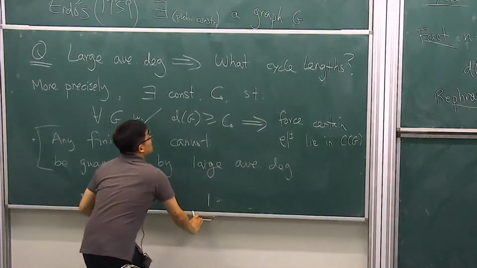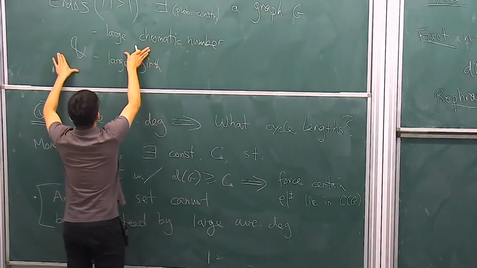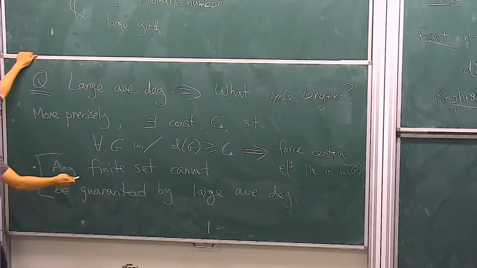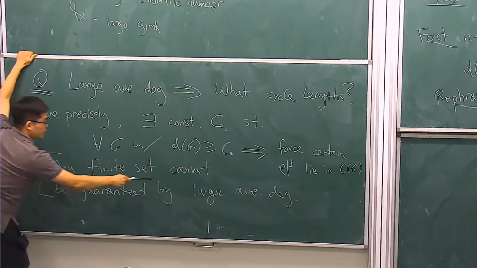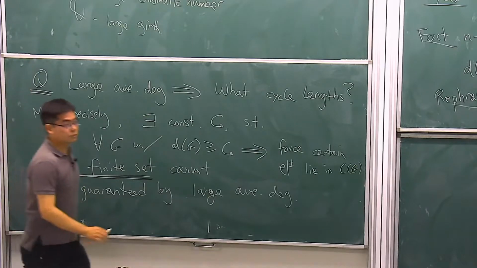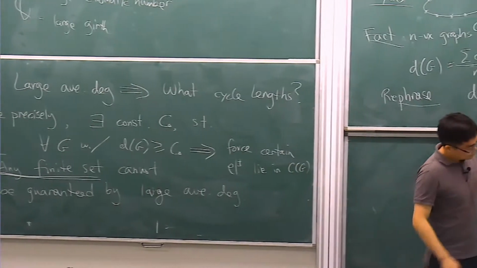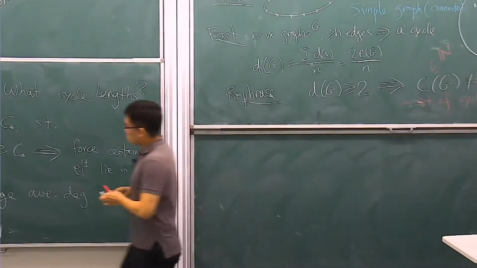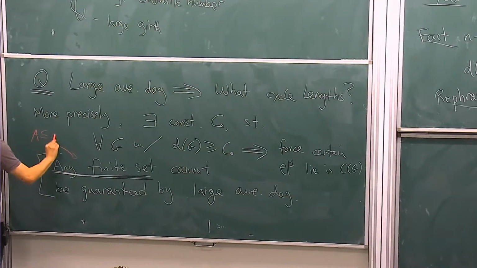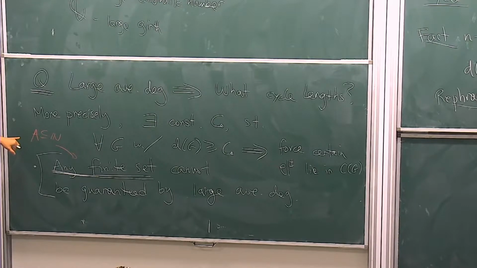So what does that mean? In particular, if you pick your favorite finite set, let's say the finite set A, if you fix A, I find the maximum element in A, and I make the girth larger than that, right?